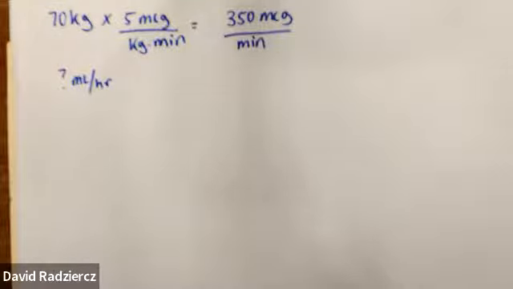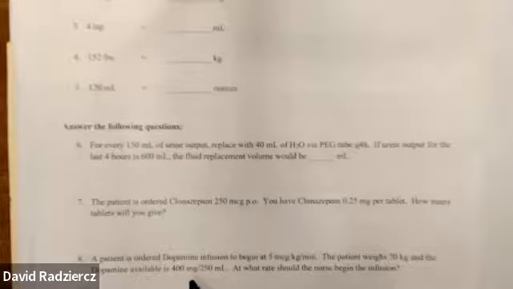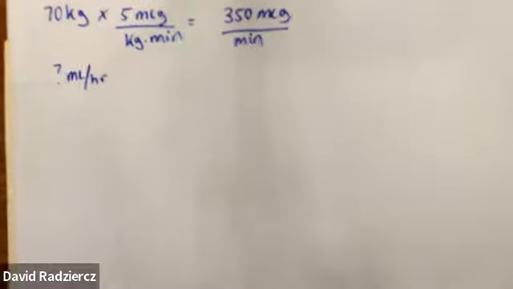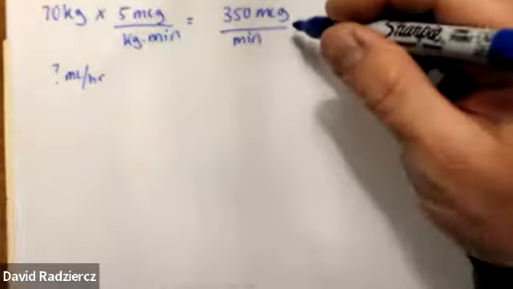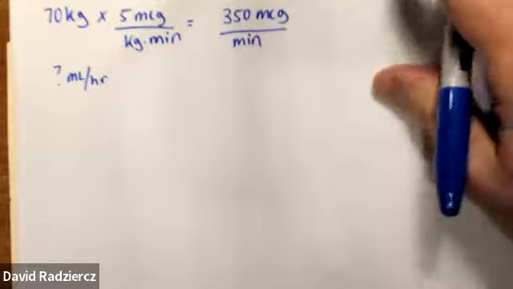So I have micrograms per minute. So I have time. I need to make that time in hours at some point. And I know that I can convert the quantity, if I can get it to milligrams, to milliliters, because I have what's available there. So there's two things that you need to do here. You need to convert micrograms to milligrams, and you need to convert minutes to hours.